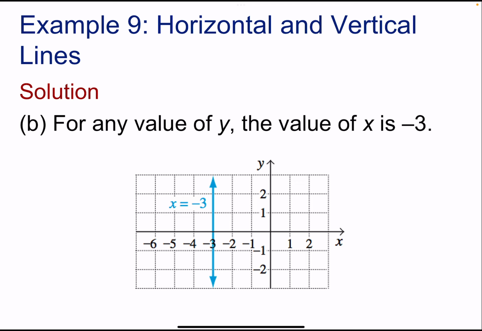This is a vertical line because x equals negative 3 means that for any point, its x coordinate is negative 3. So you get a vertical line with x-intercept equal to negative 3.